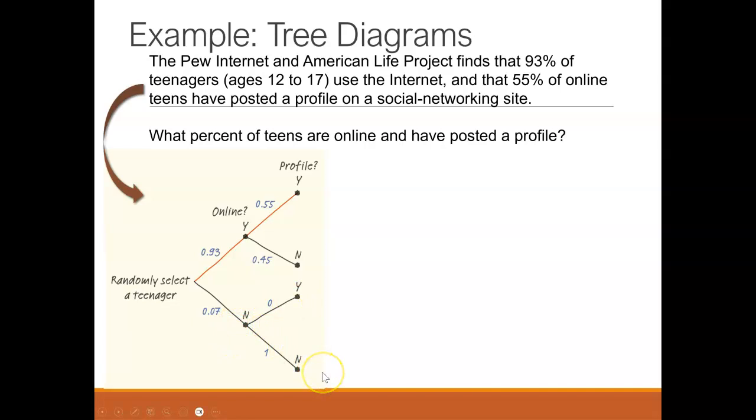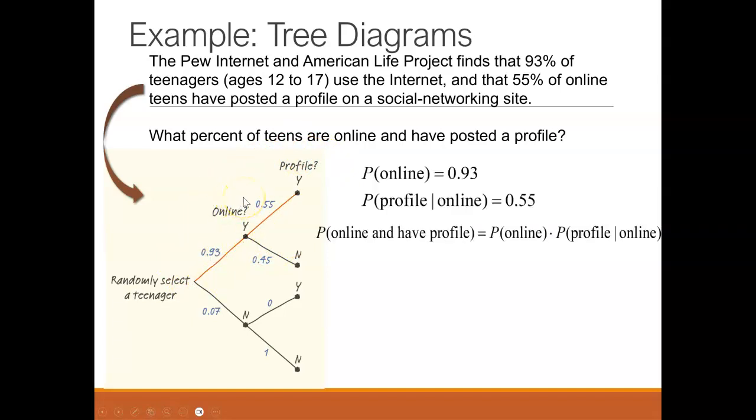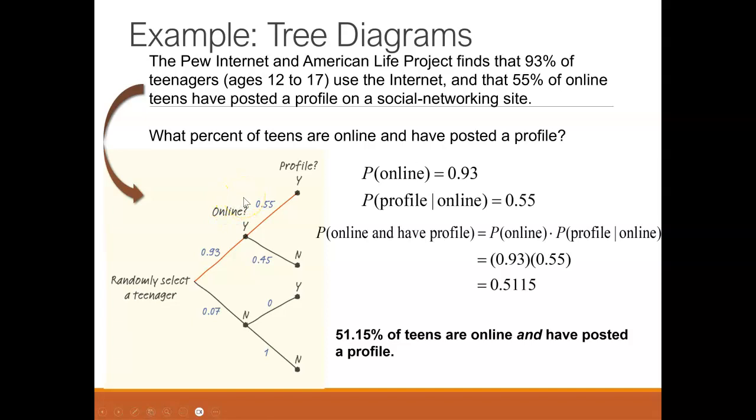And then 1 would not. So that's a certainty. So if I'm looking for online and have a profile, I'm looking at this branch of my tree. So that should be 0.93 times 0.55. Everybody's okay with that? Okay.